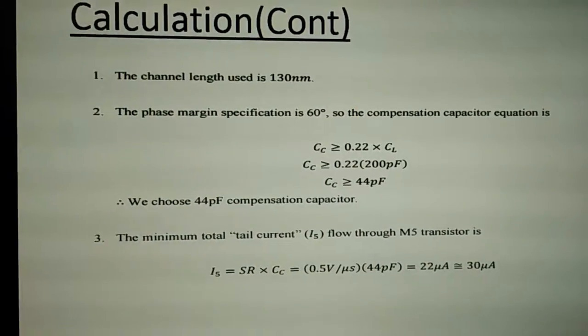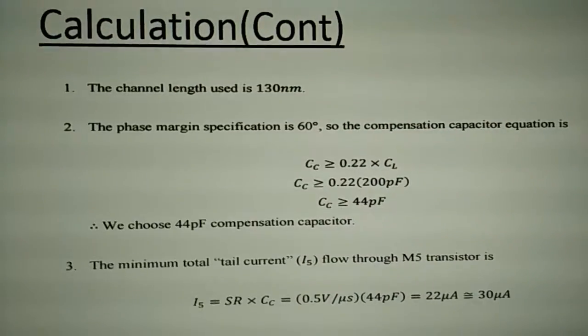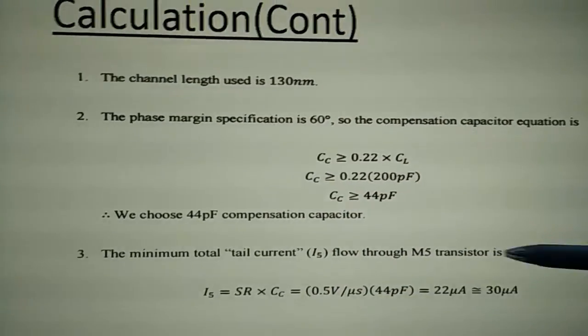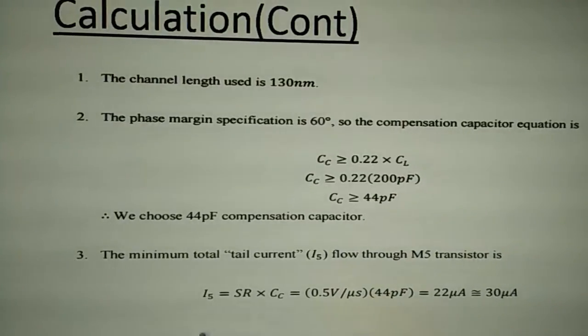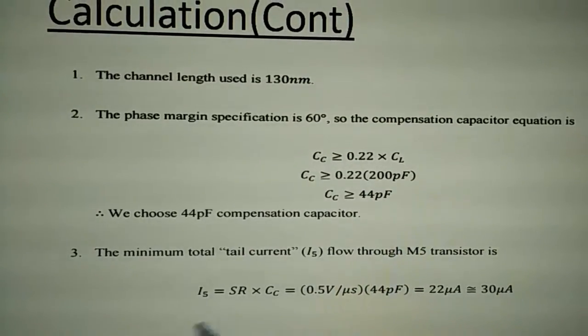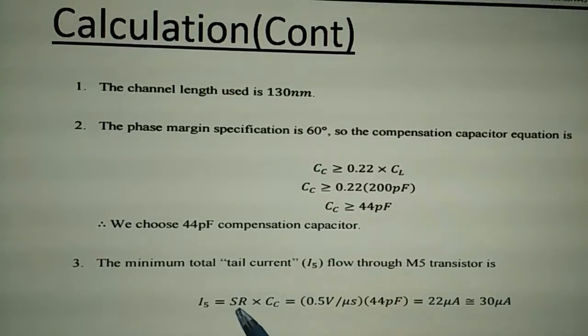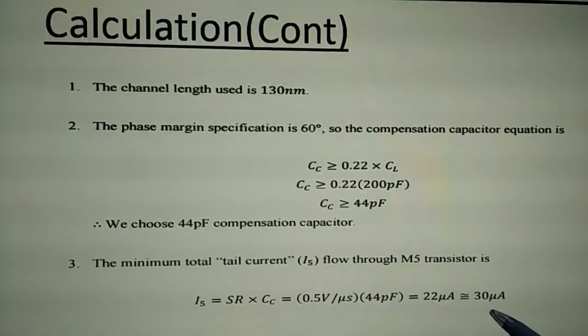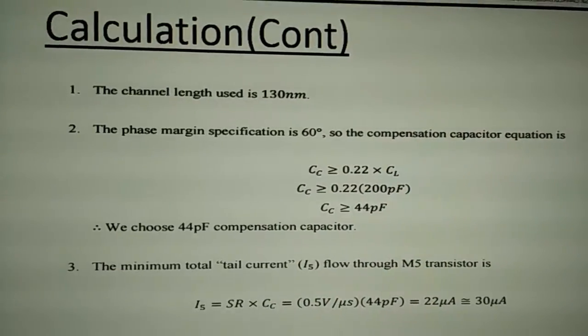And then the current flowing through M5 is determined by the slew rate. As you can see, the equation is I5 equals slew rate times the compensation capacitor, and then we get 30 microampere.